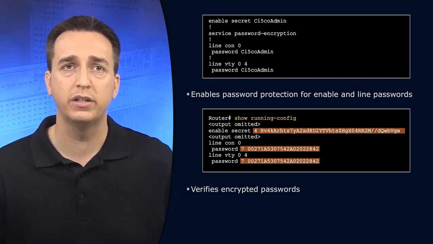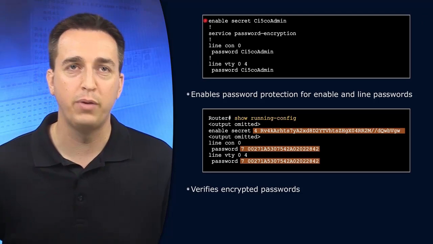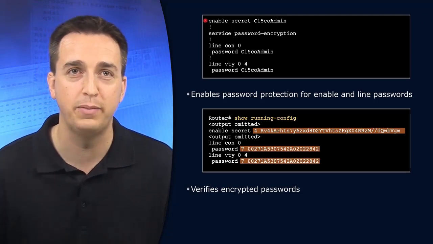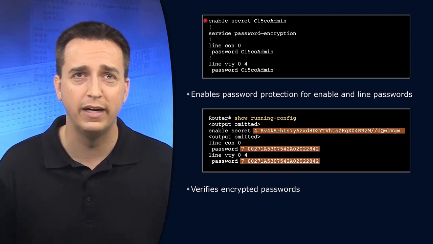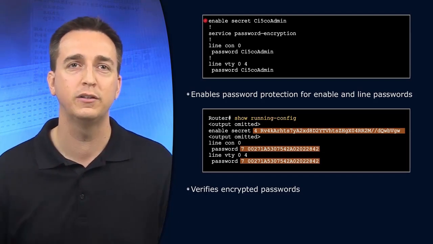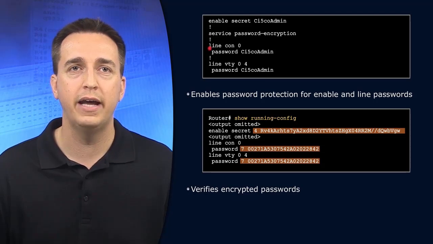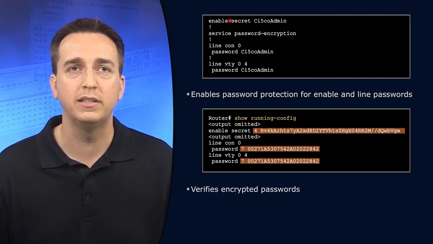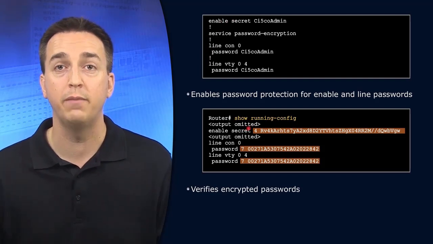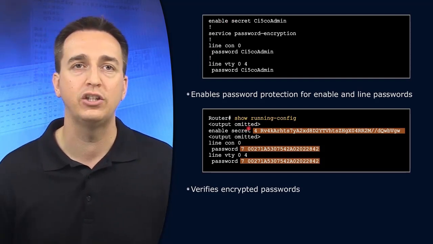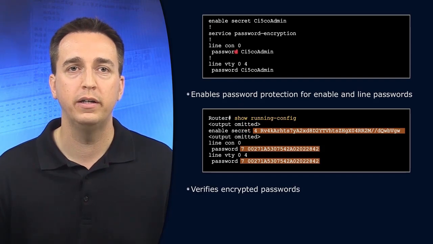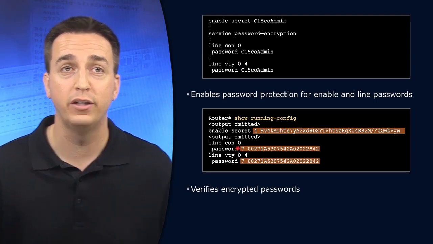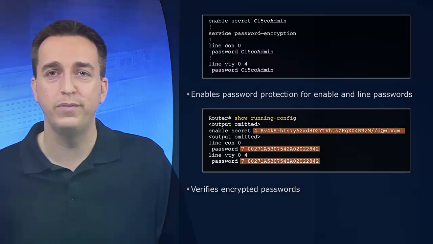Enable secret Cisco, that's a recommended best practice, and they use the password Cisco admin with a 5 in there and some capital letters and some lowercase letters. And they did the same thing down here for the line console 0, line VTY 0 4. However, since secret was used here, you can see that it's type 4 encryption, it's been hashed, and because of service password encryption, these two passwords here are now using type 7 encryption, and they have been encrypted.